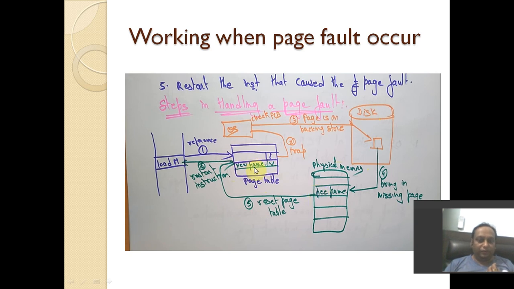So the new frame is available, and with the V bit it resets the availability of the page demanded by the CPU. After that, it restarts the instruction. Then the CPU checks the availability of that page. In the page table it shows that V is set, which shows that the page is now available in the main memory. This process is how to handle the page fault.